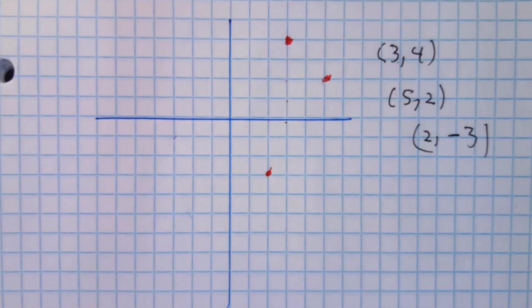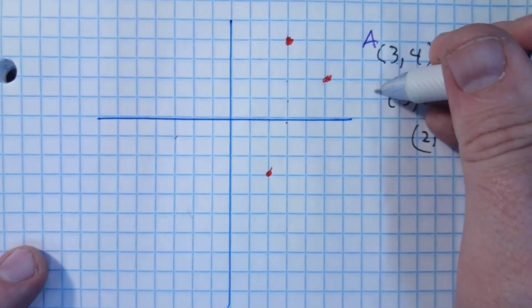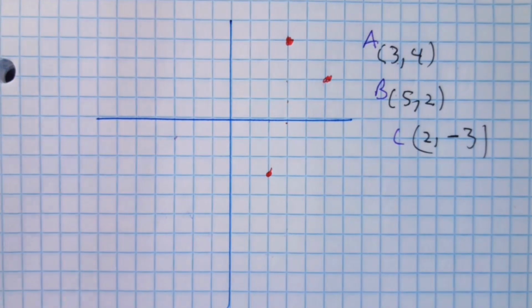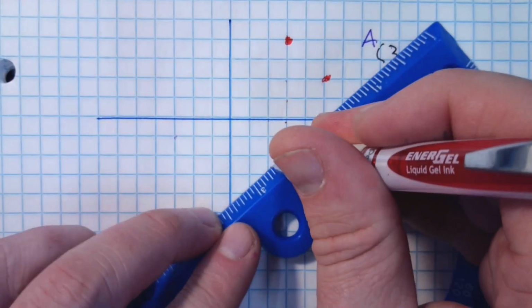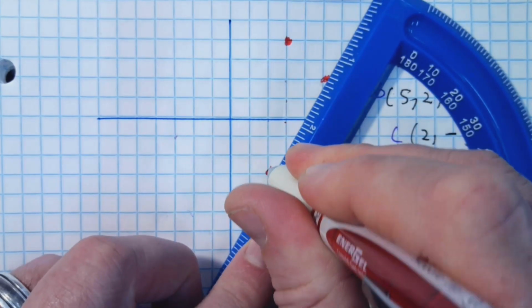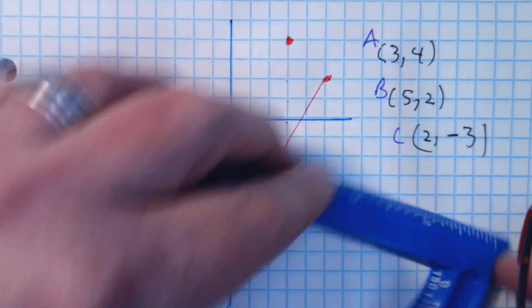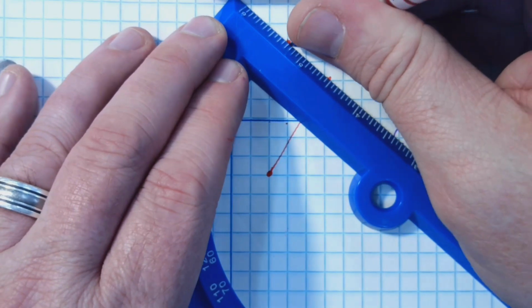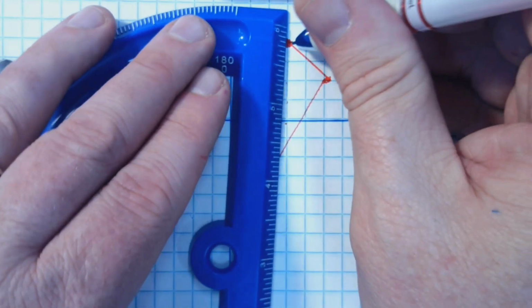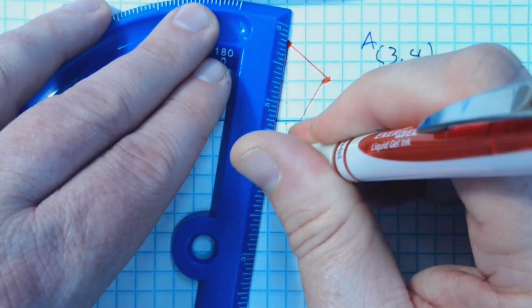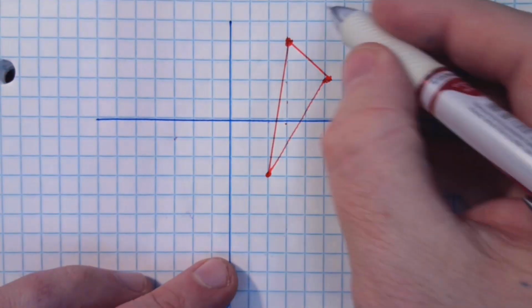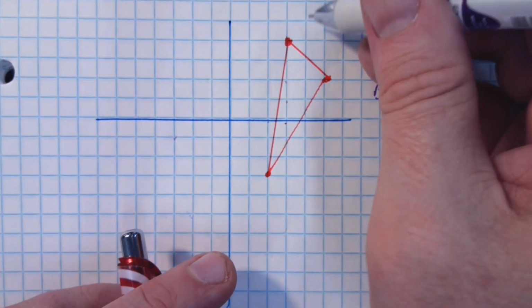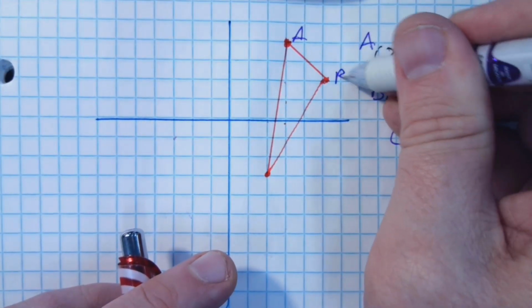I really probably should have labeled it A, B, and C. That way, when I label it, we will kind of know what's going on. So this is A, B, and C, right?